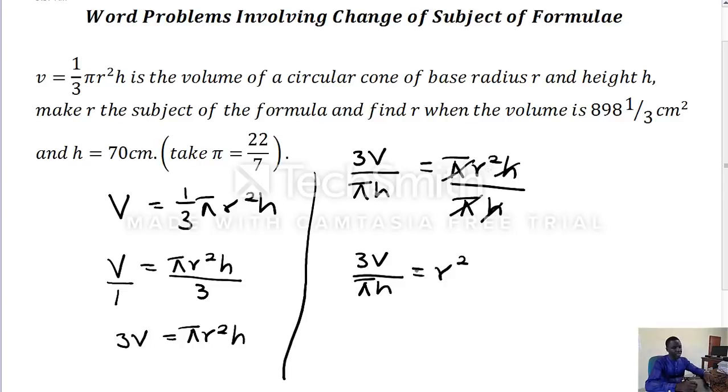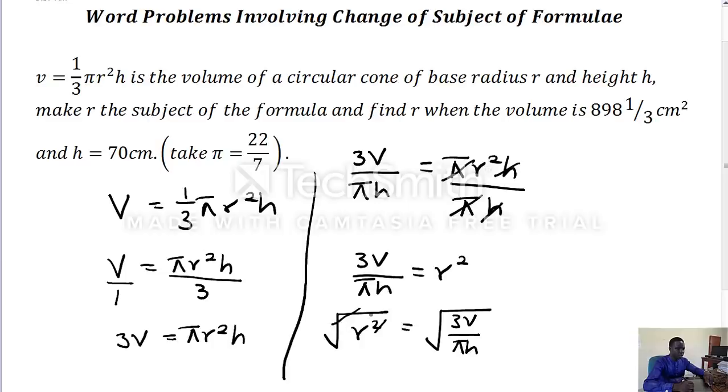Now I have made r squared the subject of the formula, but the question says we should make r the subject. Since r is being squared, I'm going to find the square root of both sides, leaving us with the square root of r squared is equal to the square root of 3V divided by pi h.